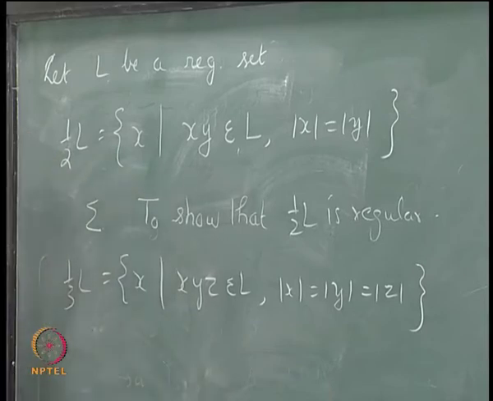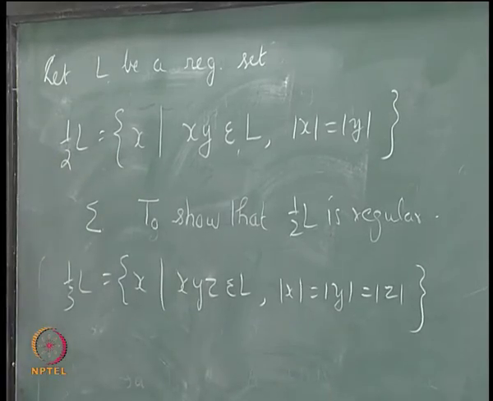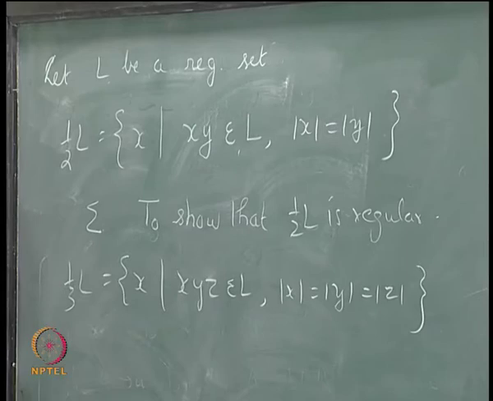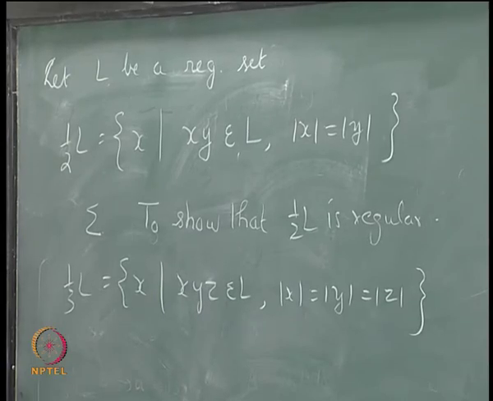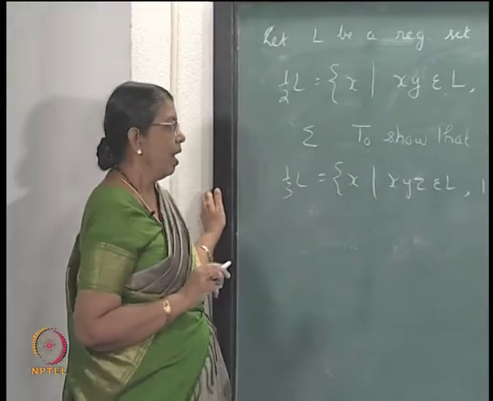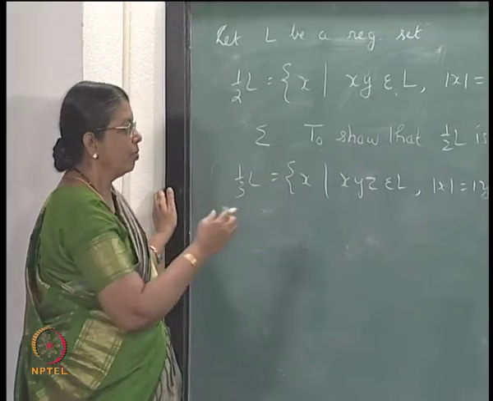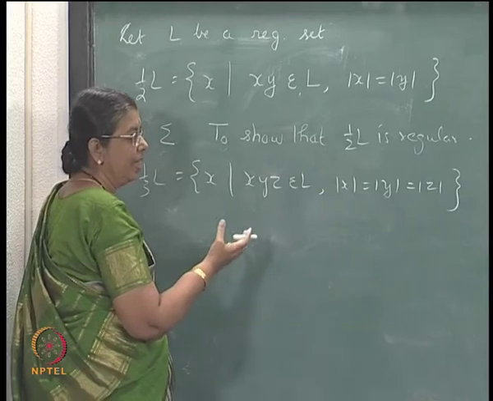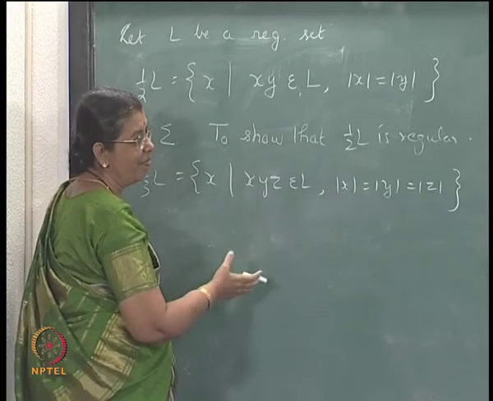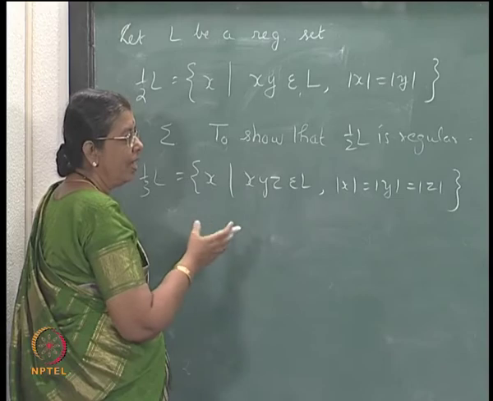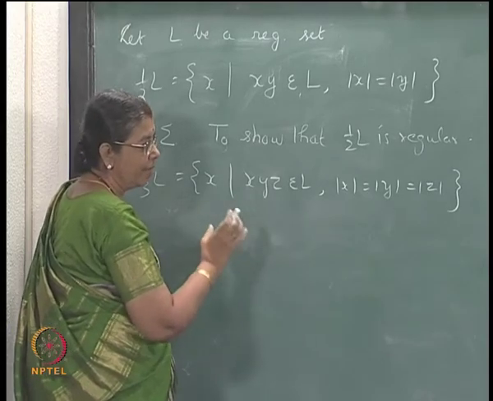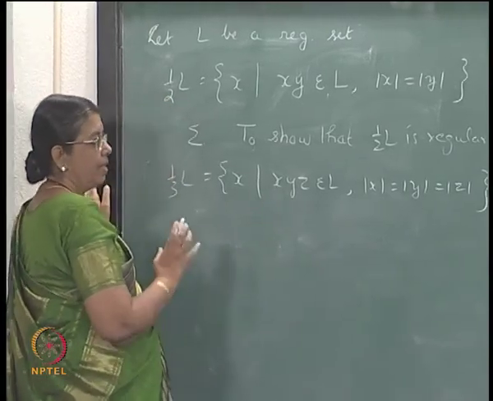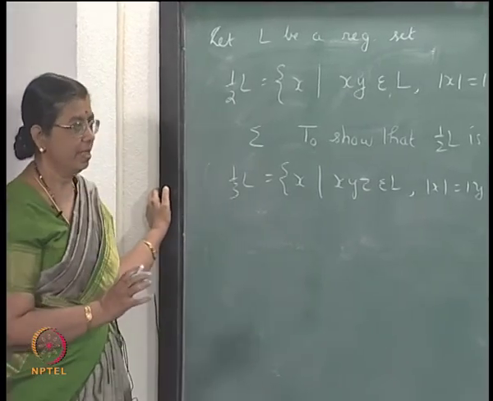That is, from L you just pick up strings whose length is a multiple of 3. Then from each of such strings you take the first 1/3 portion alone. Such strings will form a regular set.